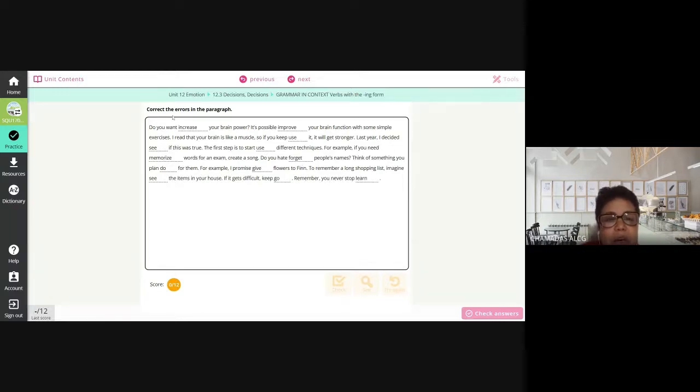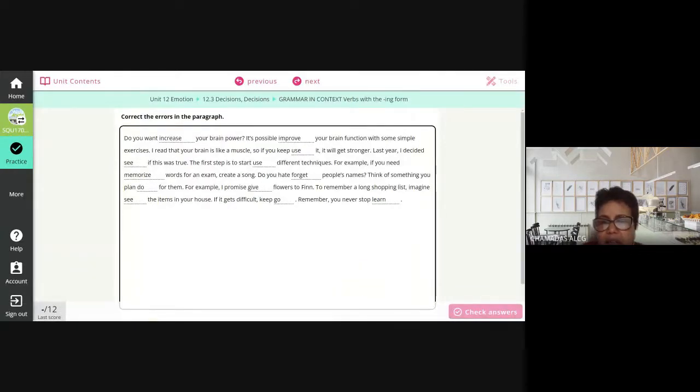So here we have to correct the errors in the paragraph. So there are some mistakes here. So let's see where they are and what's wrong with them, okay? Let's see here. First of all, we can take a look. Let me try to make it bigger so you can see, okay? Can you see that? Yes. So let's see. Take a look.